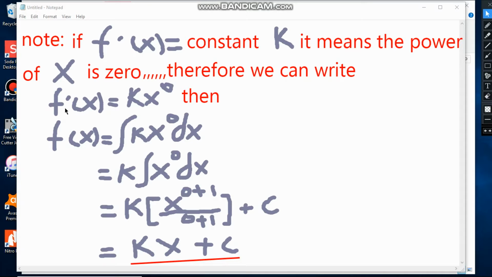Because f dash of x is a derivative of a linear function, and when we differentiate a linear function we get a constant. So when we integrate a constant we get a linear function, and the vice versa is true. Okay, see you later in class number 3. Thank you for listening.